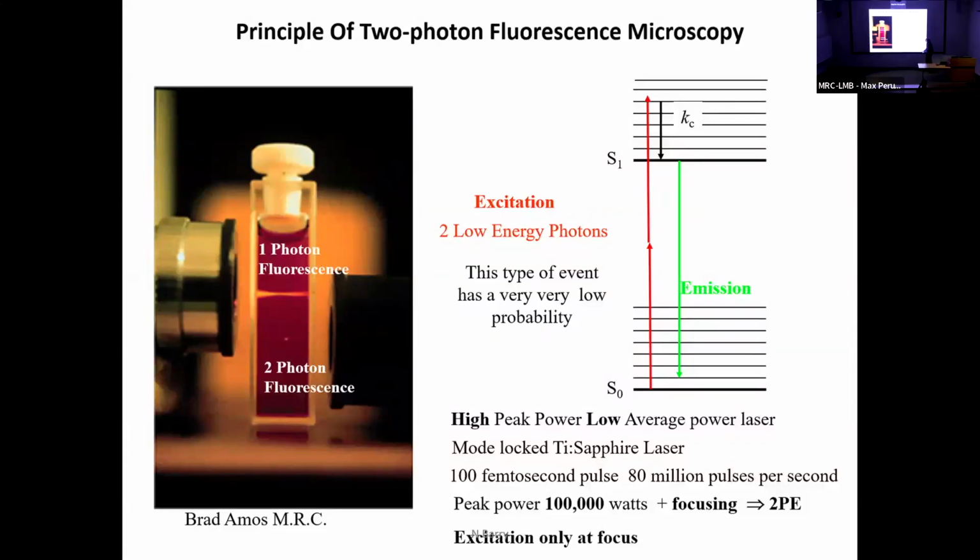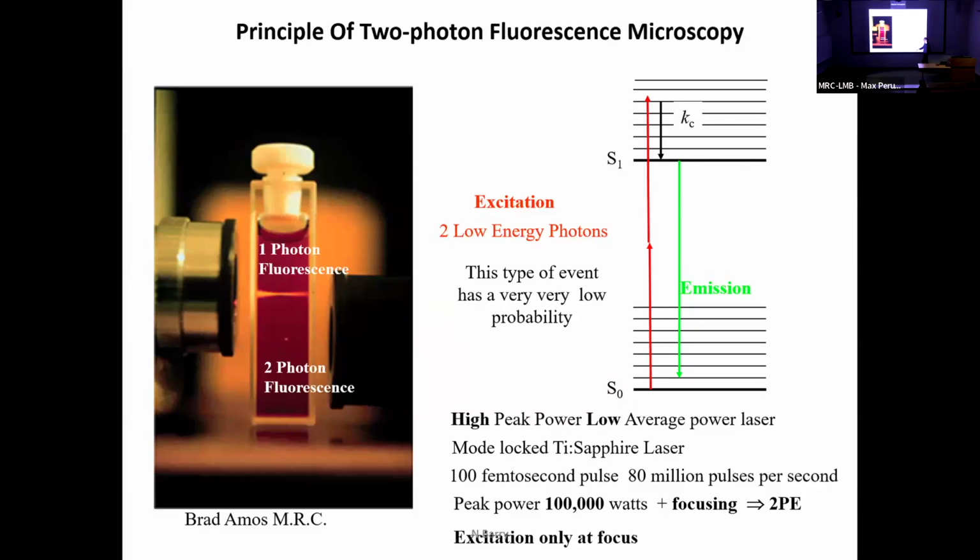What's going on from a Jablonski diagram is something like this. You're in the ground state. You have 2 photons effectively simultaneously arriving of much longer wavelength, lower energy, which are sufficient to get the molecule up into the excited state, and then it can emit. So this process has a very, very low probability.